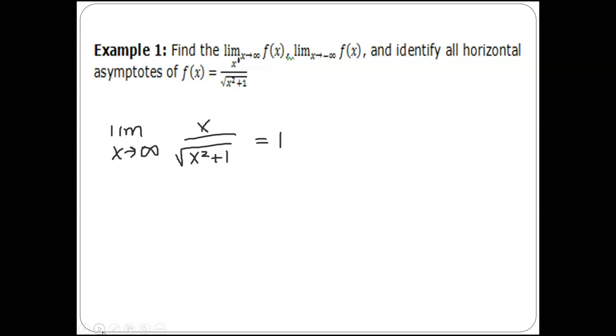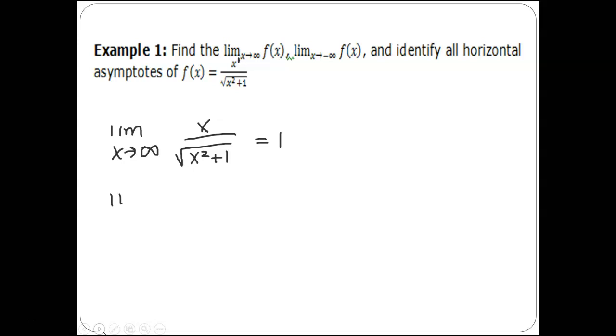Because the top is getting really, really big and the bottom is getting really, really big. Now, when you take the square root of x squared, you have to consider that it's like an absolute value, or that it's a positive and a negative.